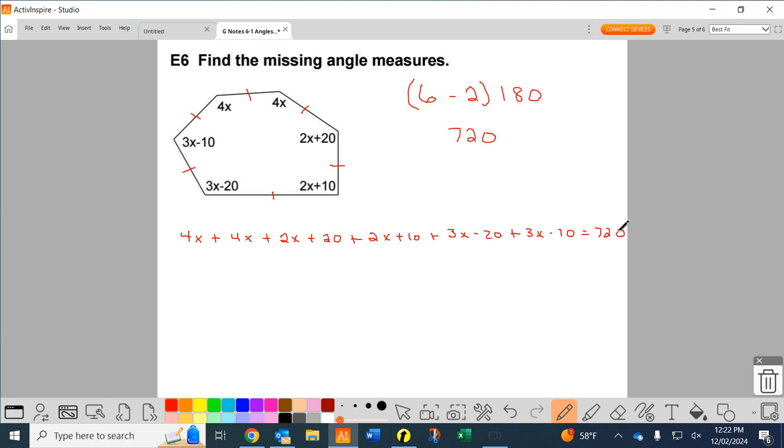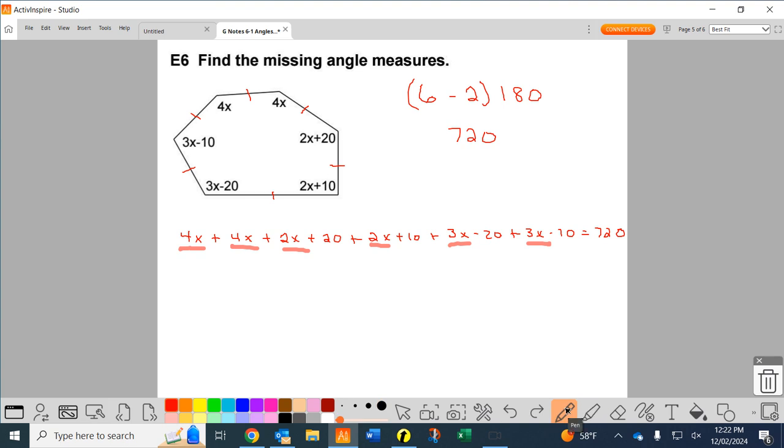That looks horrendous. However, in one step, we're going to take it from that to a one-step equation by doing one thing, combining like terms. So if we combine like terms, we need to combine the 4x, the 4x, the 2x, the 2x, the 3x, and the 3x. So grab your calculators.